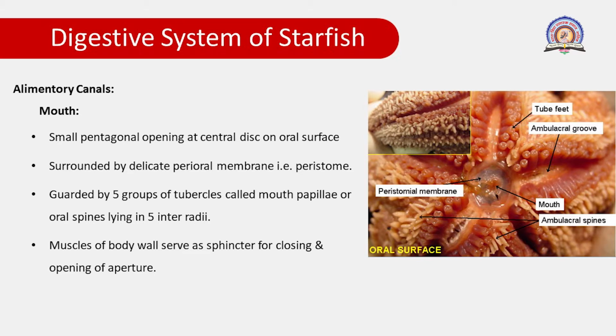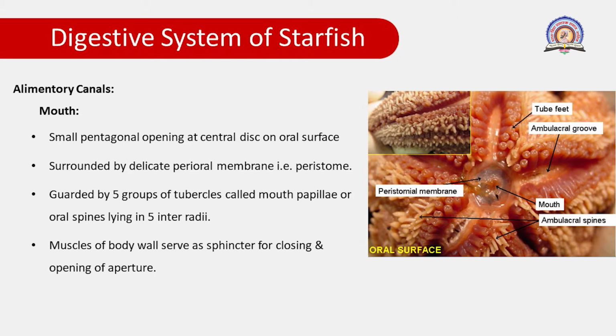These are known as tubercles, also commonly called mouth papillae, or sometimes oral spines. These oral spines are located in the 5 interradii, that means at the junction of the arms, where two arms are connected, we see the tubercles or mouth papillae.